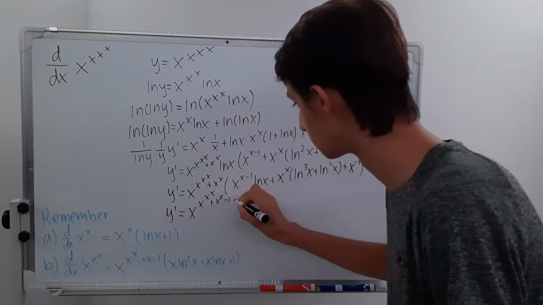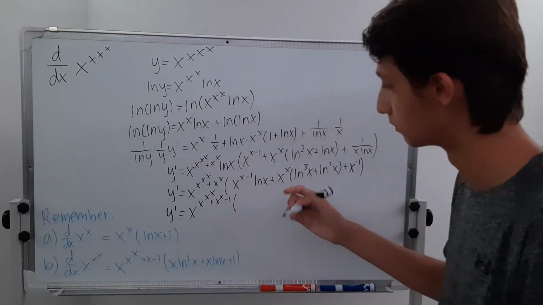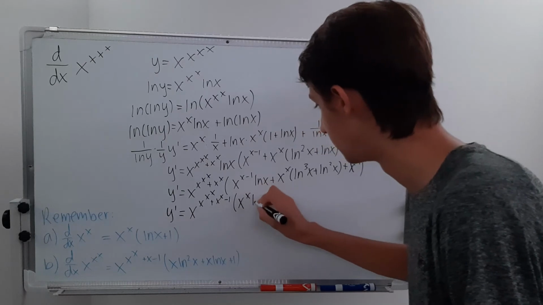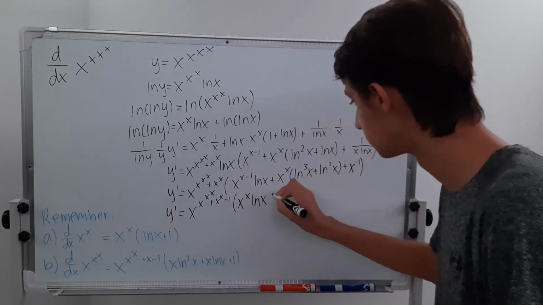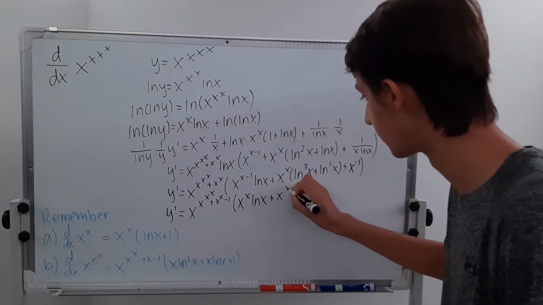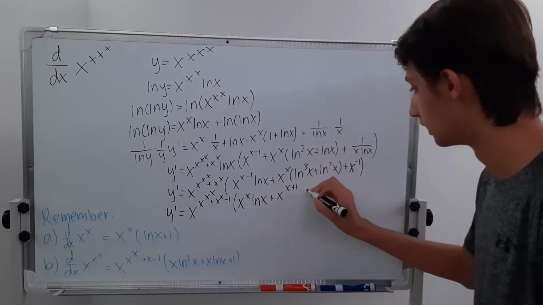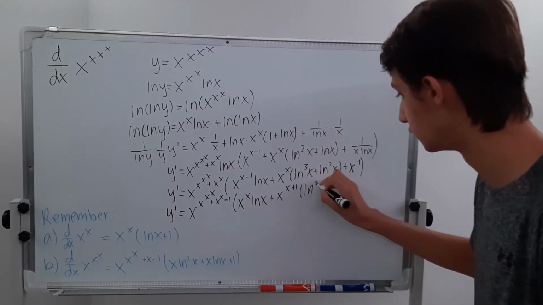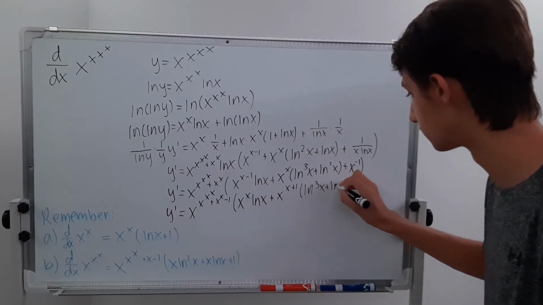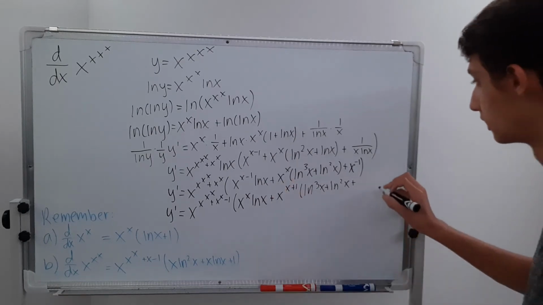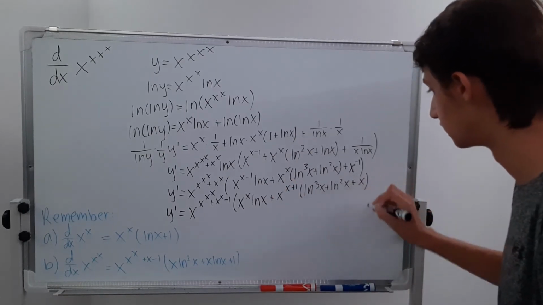I'm going to factor out the minus 1, or the exponent of minus 1. So this just becomes x to the x, ln x, plus x to the x plus 1, since we're factoring that out, times ln cubed x plus ln squared x, and then plus, so just x.